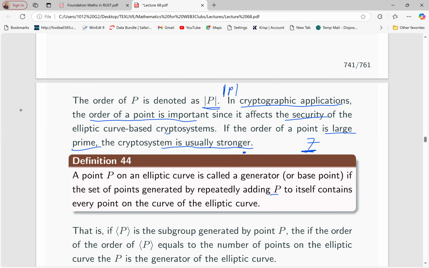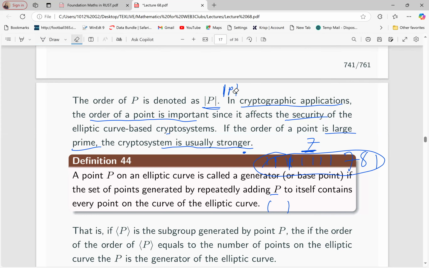So if P is a very big number like that, then you choose a point whose order is close to this. Not necessarily must it have the same order as P, but it should be close to P. Should be higher order. It makes your crypto system secure, unlike if the order is lower.